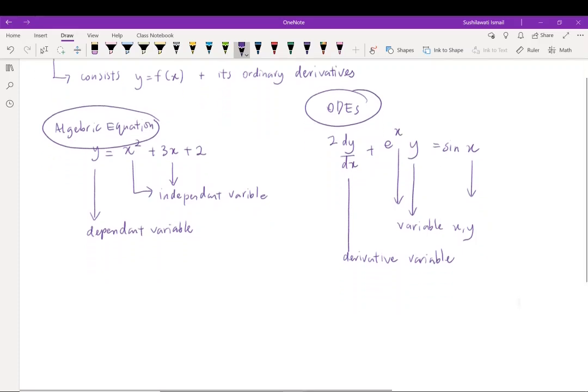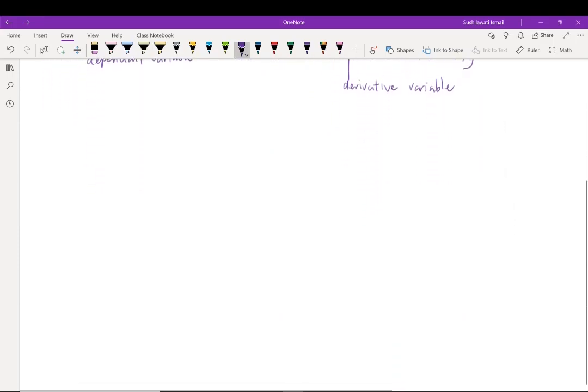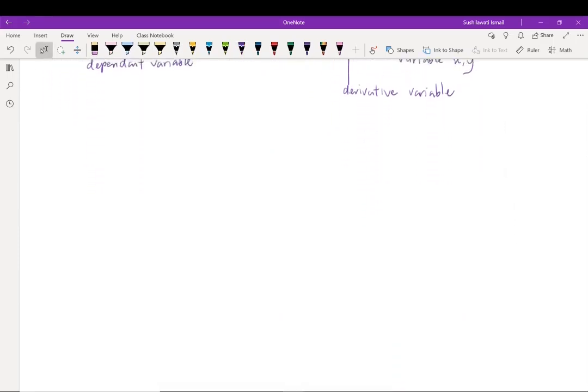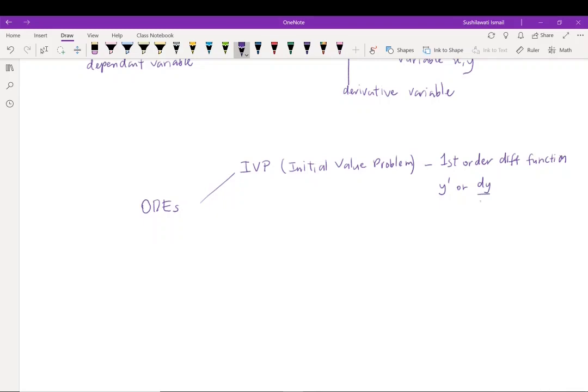So for the case of ODE, we have two types of solution. Firstly is to identify the initial value, also known as IVP. It stands for initial value problem. For IVP, it only involves a first order differential function. It means that your ODE has y prime or dy/dx or f(x).